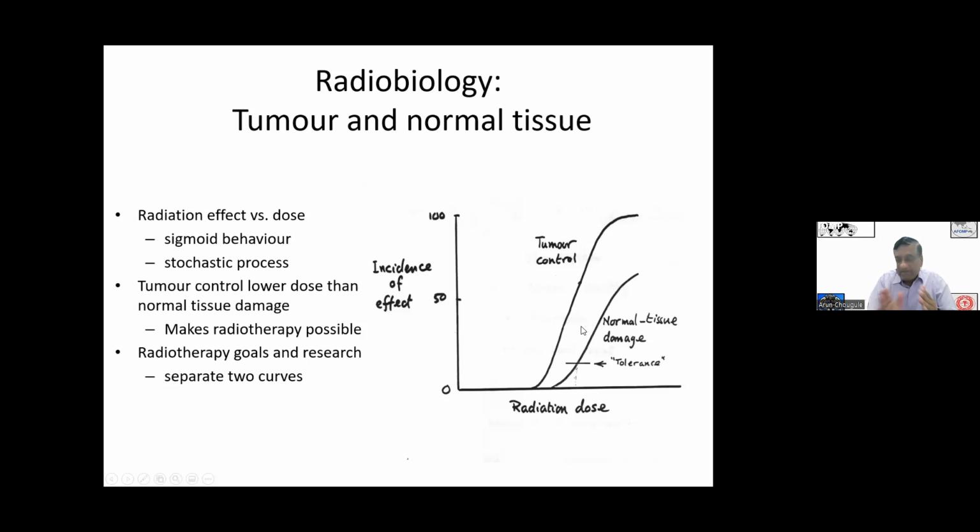If I separate these curves by different fractionation schedules or different protocols, then I can deliver a much higher dose and get only 5 to 10% normal tissue damage, which is manageable, but at the same time the tumor control probability will rise.